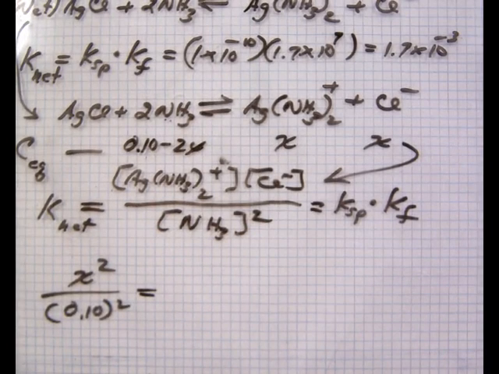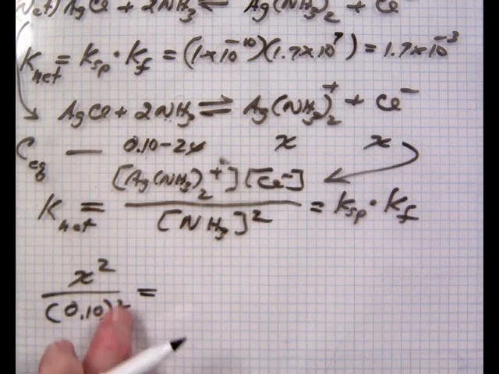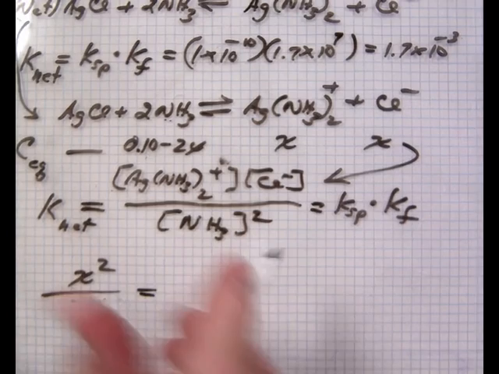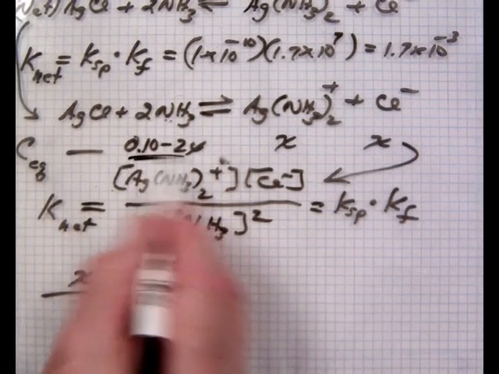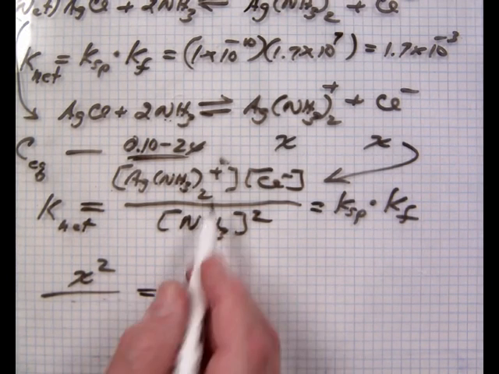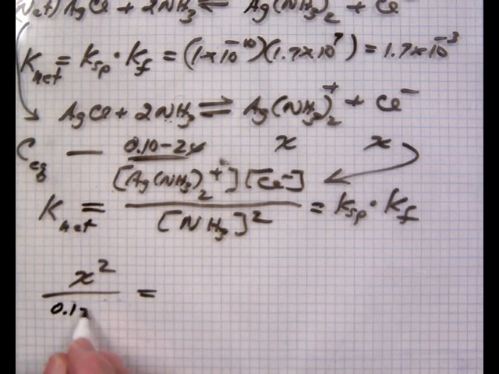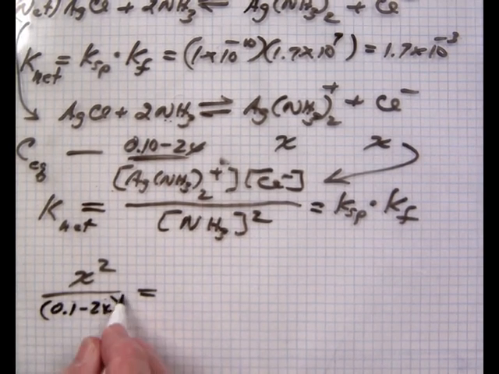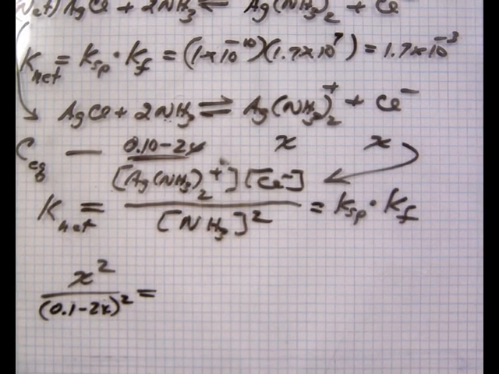The point is, I can't drop the 2x. You have to use whatever the concentration of ammonia is minus 2x, and you can't drop the 2x. So when you put in the 0.1 minus 2x and square that, you either have a quadratic to deal with, or you can get rid of the squares.